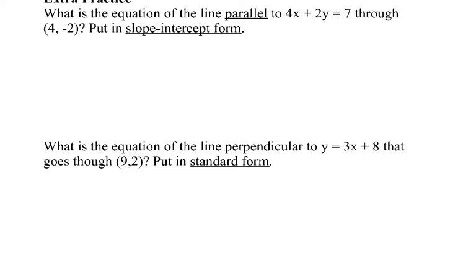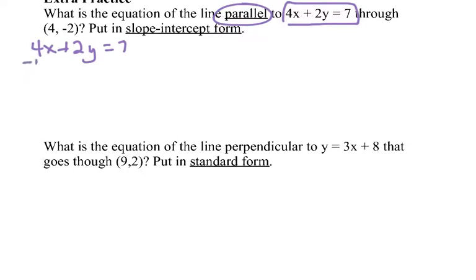It says, what is an equation for a line that's parallel to 4x plus 2y equals 7 and going through the point (4, -2)? They want the final answer put in slope-intercept form. So remember, parallel means same slopes. We do have to convert this into slope-intercept form. So 4x plus 2y equals 7.